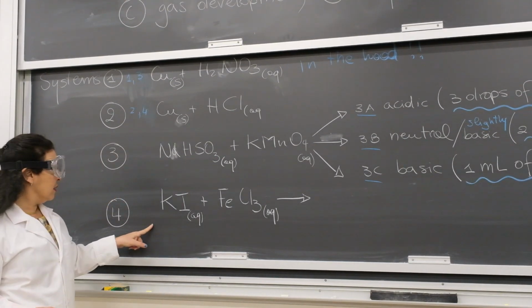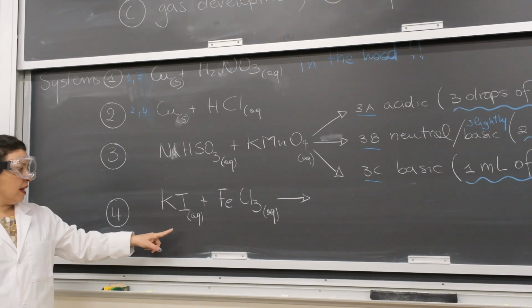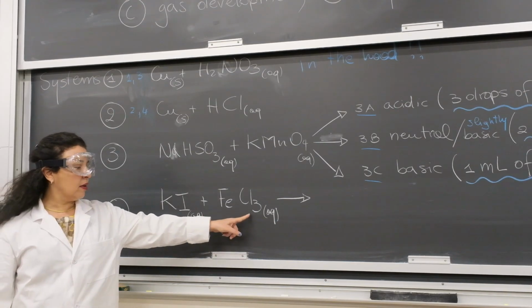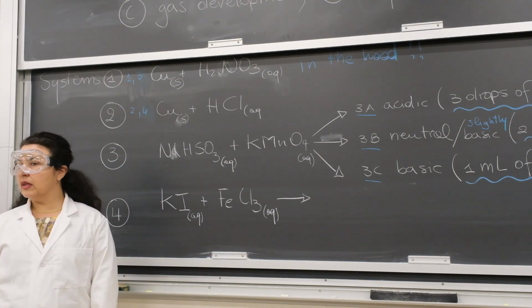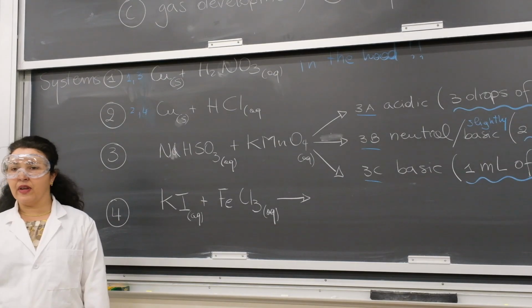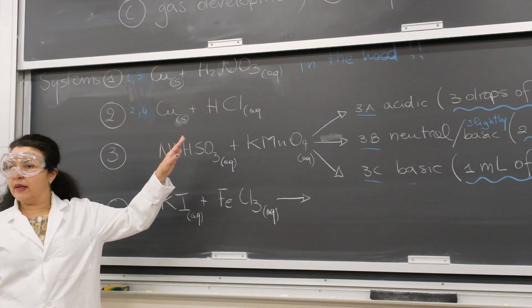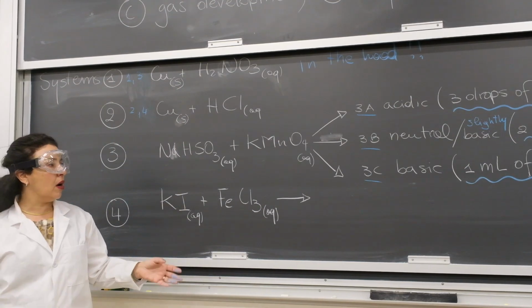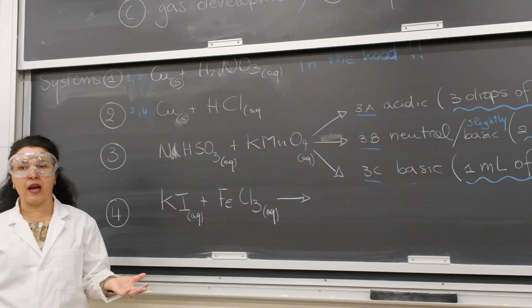The last one is the reaction between potassium iodide and iron(III) chloride. And again, make your observations. Because this goes very quickly, start to work on the redox reaction.